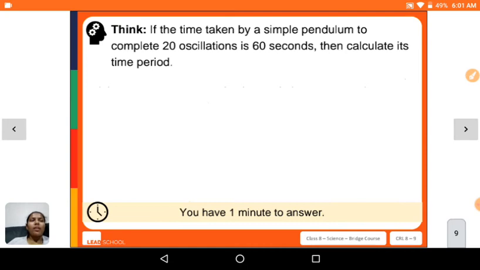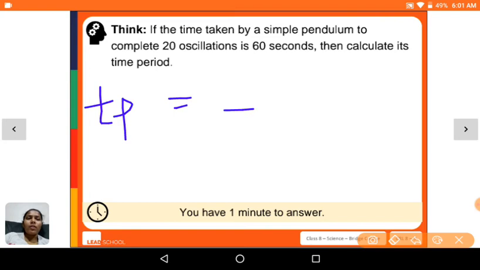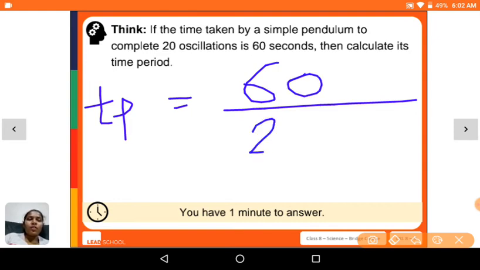If the time taken by a simple pendulum to complete 20 oscillations is 60 seconds, then calculate its time period. So here the question is that a simple pendulum makes 20 oscillations in 60 seconds. What is the formula for time period? Total time taken and total number of oscillations. So total time here is 60 seconds and the total number of oscillations is 20.